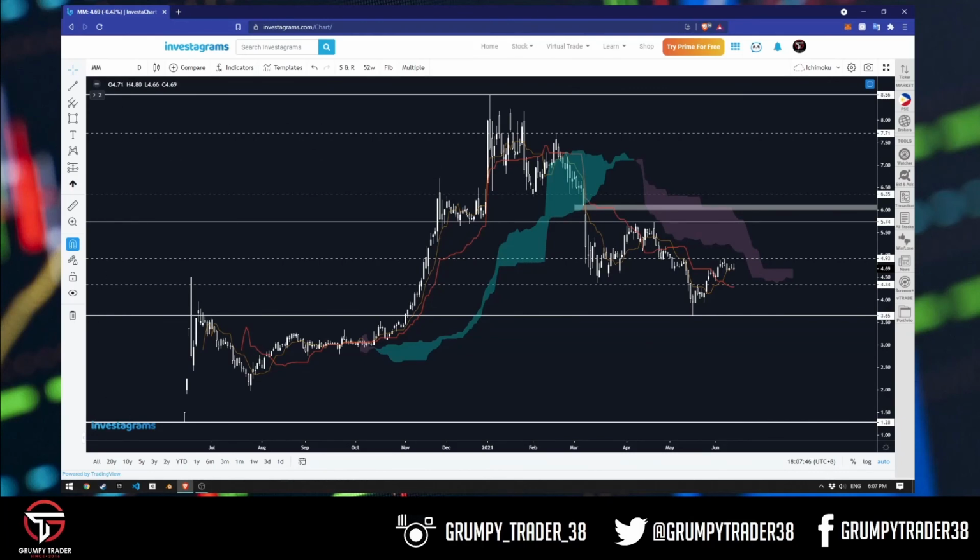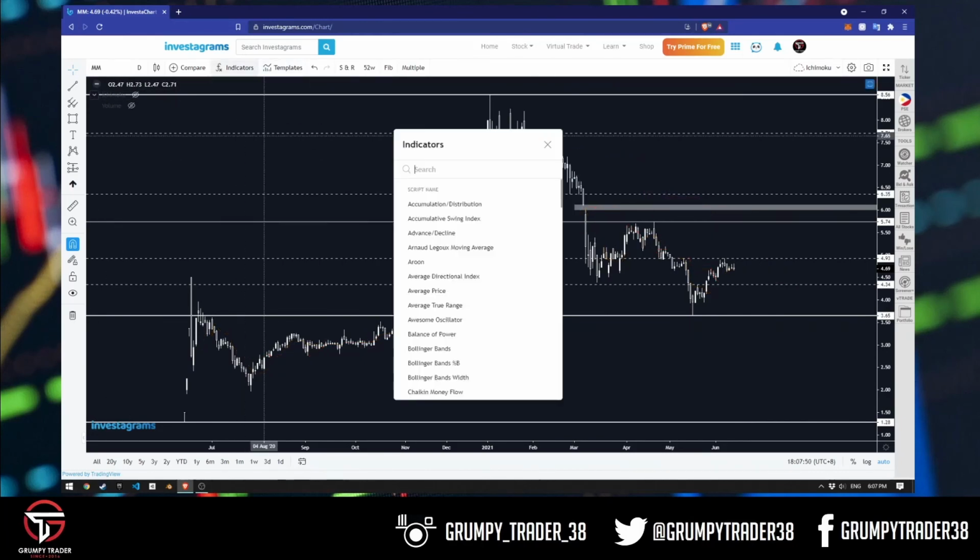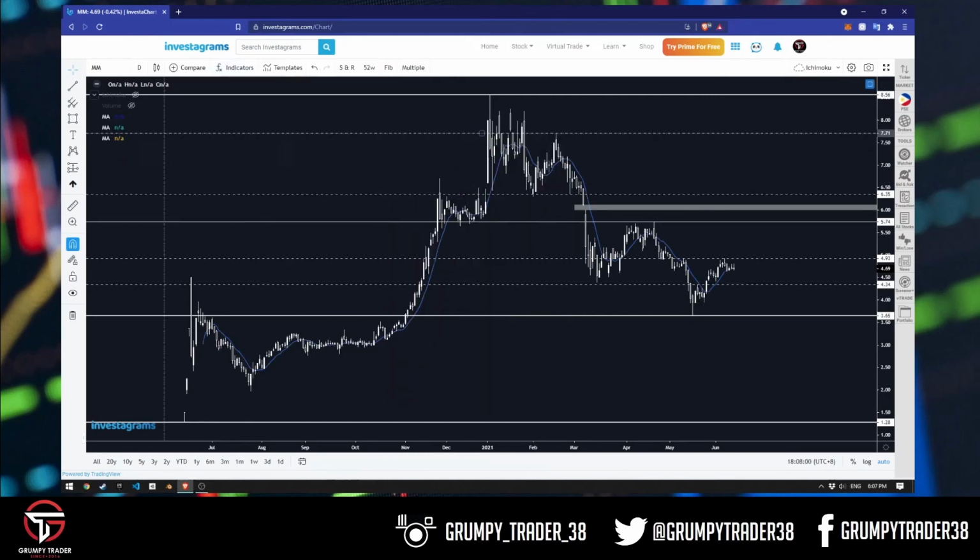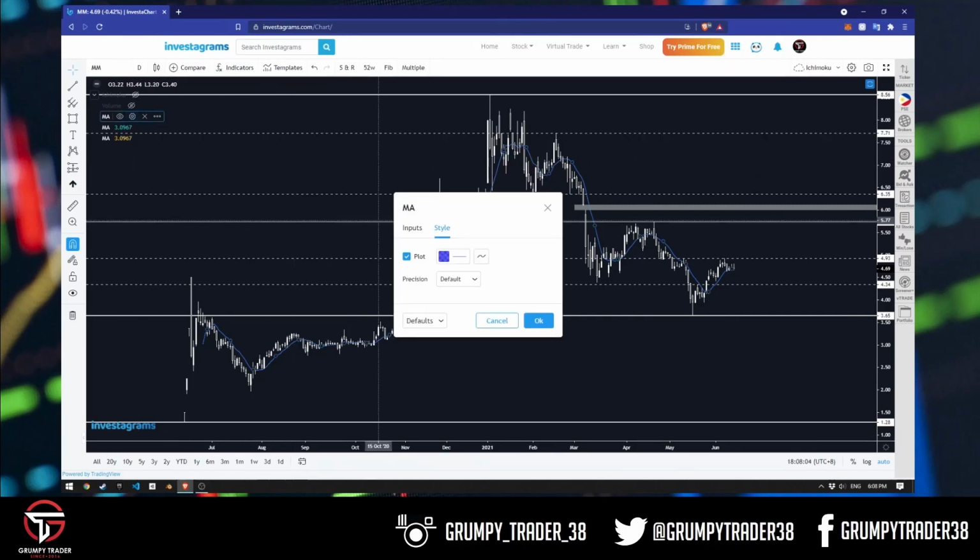Diba? Kunyari, hindi Ichimoku ang gamit nyo. Let's say you use moving averages. Let's throw on a few moving averages here. So let's say na gumagamit ka ng yung pang AOTS, no?